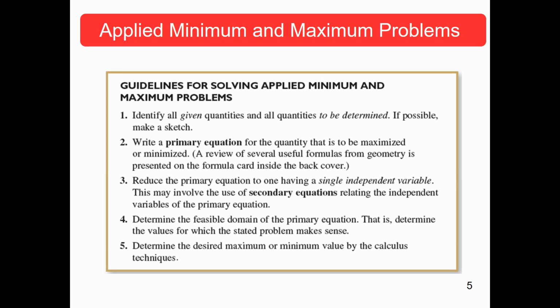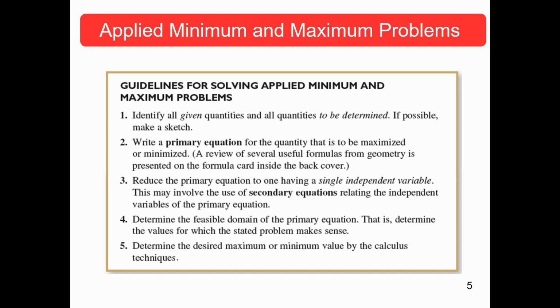Second thing, we want to write the primary equation. And this is the equation that needs to be maximized or minimized. Volume, area, profit, things like this. Now, you might want to look over a few formulas from geometry because you never know what's going to pop up. And you need to know that they're there and that you can find them.